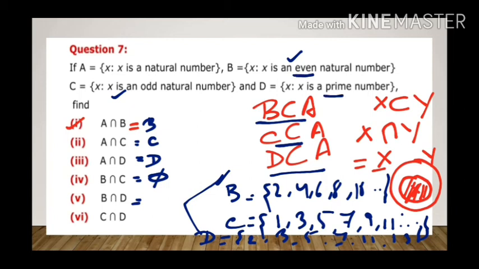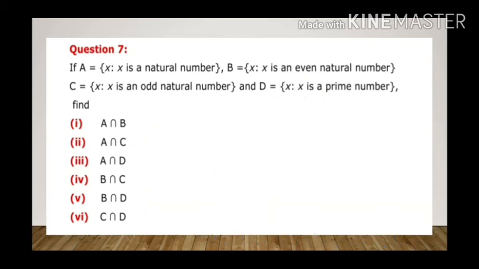So when you operate intersection between B and D, the characteristic of B intersection D will be even prime. The only natural number which is even prime is 2. That means B intersection D contains 2.